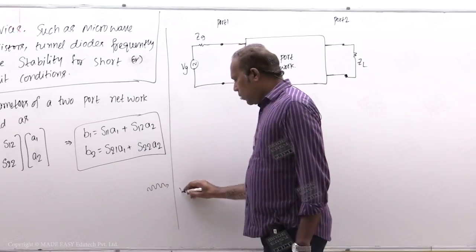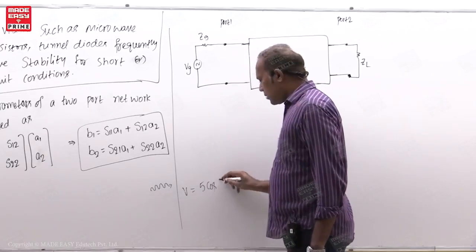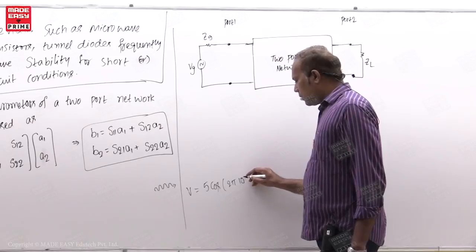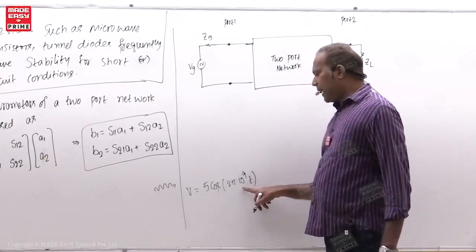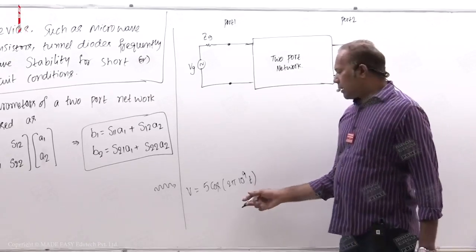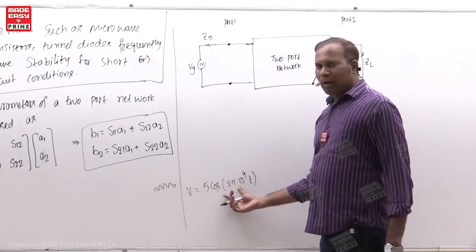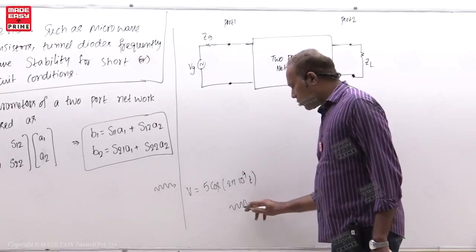For example, voltage is equal to 5 cos 2 pi 10 power 9 t. That means this is 10 power 9 Hz, 1 gigahertz. Now this voltage waveform is called a wave. The symbol is shown like this.